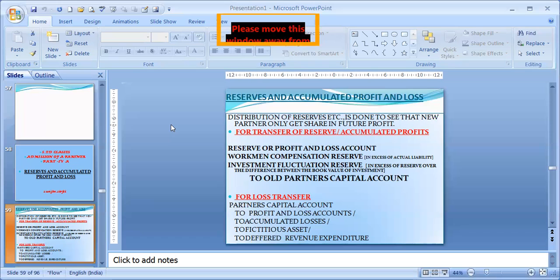Similarly, for loss, partners' capital account debit, to profit and loss account debit, that is loss balance, to accumulated losses, but to fictitious assets or deferred revenue expenditure, whatever item will be there, that will be credited because they are asset items. So they will be credited in order to cancel them out, and that will be transferred to their capital accounts. Capital accounts will be reduced of the existing partners.